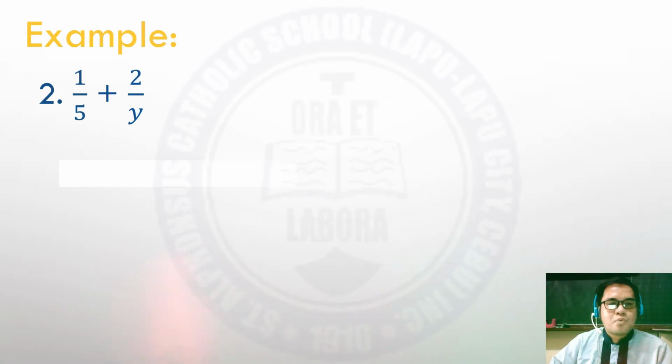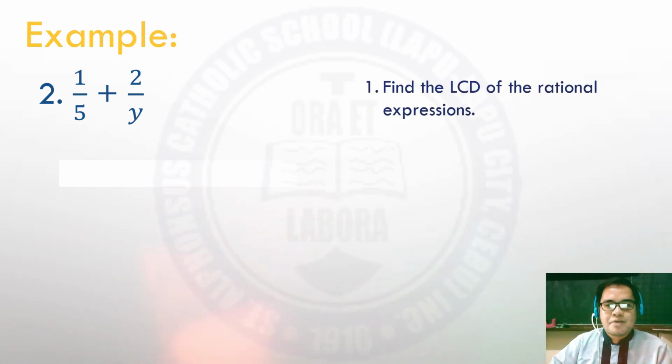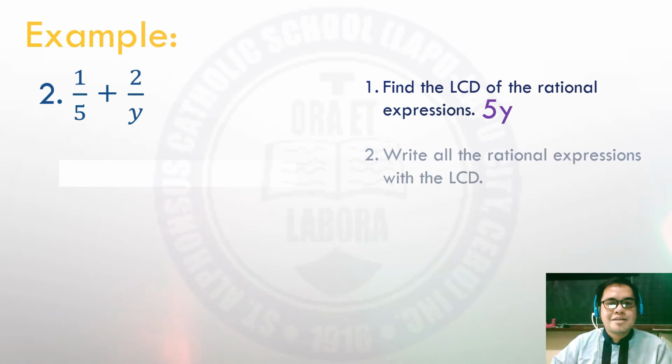If we have 1 over 5 plus 2 over y. So the first thing that we are going to do is to find the LCD of the rational expressions. Since we already got the LCD earlier, and its LCD is 5y, write all the rational expressions with the LCD. So we write like this, and 5y, which is our LCD, is divided by our denominator in our first term, which is 5.